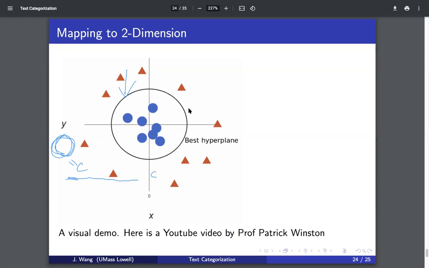If you use a different kind of function, you get a different kind of shape, but they separate them. So it's no longer a straight line, but it is still a curve. Here the kernel function is a sphere. That's why when you look down, it's a circle on a plane.